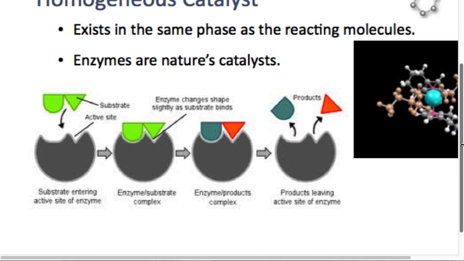But what happens on the molecular level, you have that lock and key model where your substrate comes into the active site of the enzyme, and reaction occurs, and then release, leaving the catalyst from the beginning to the end coming out exactly the same.